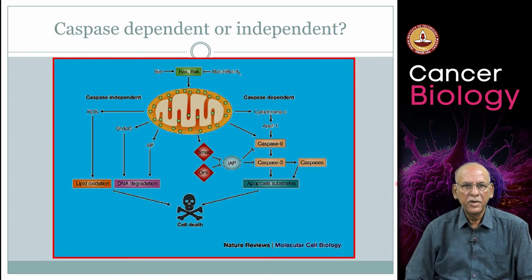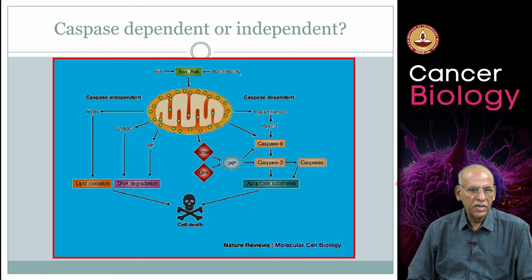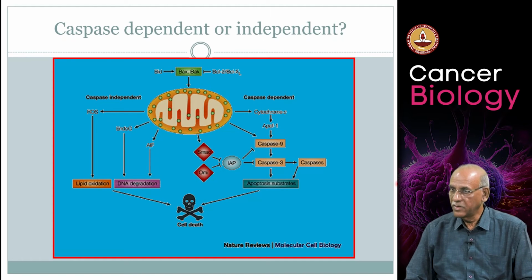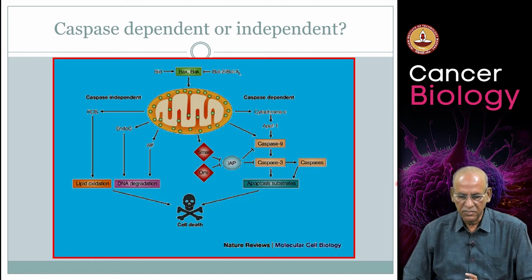It is called the intrinsic pathway because of the involvement of mitochondria and the leakage of certain proteins that come out of mitochondria and initiate the process. So, that is very important. A number of proteins come out of mitochondria in response to some signals, it can be developmental signals and so on.